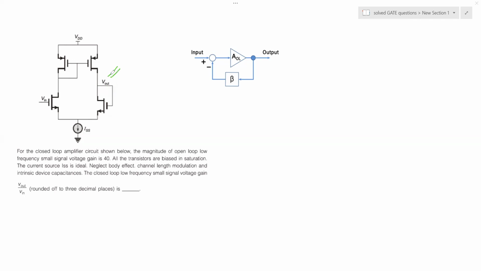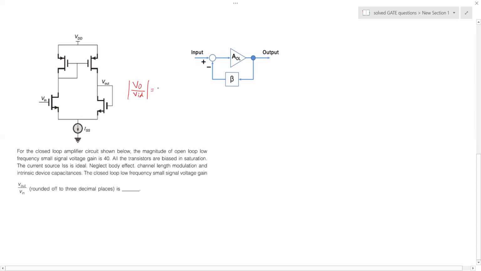So for now, for this closed loop amplifier circuit, the magnitude of the open loop, low frequency, small signal voltage gain is VO over V in, okay? Or let me write it here. The voltage gain, open loop or closed loop, would be expressed as VO over VID, take a magnitude of it, okay?